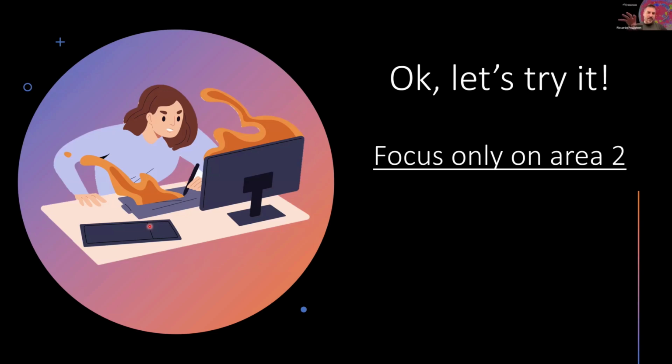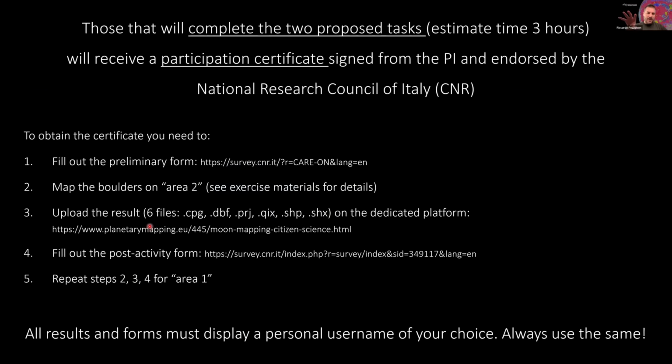This is a certificate of contribution to a research project, which is an additional thing. It is optional. You can do the mapping or not, so you will get just this certificate. But if you want a planetary mapping certificate, you have to complete the maps. If you want to have also this certificate and a mention in the research project, you have to complete this boulder counting task. So there are two different things.